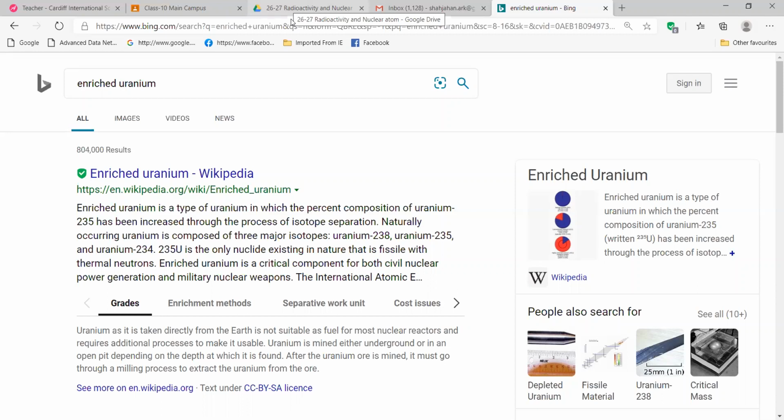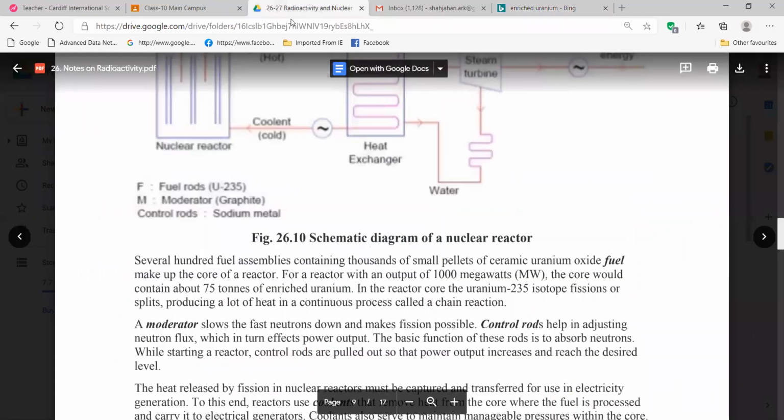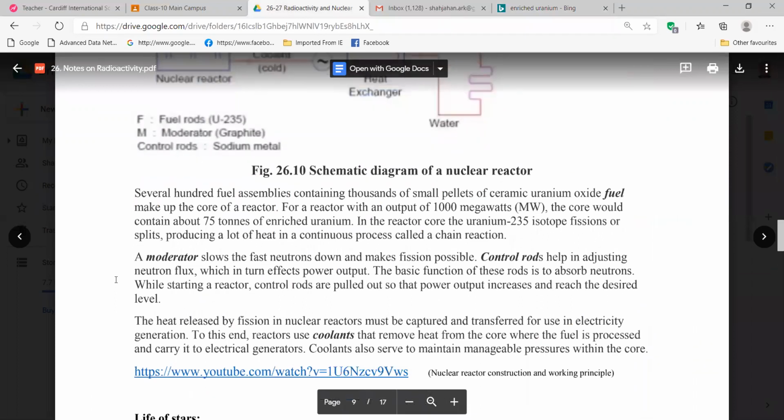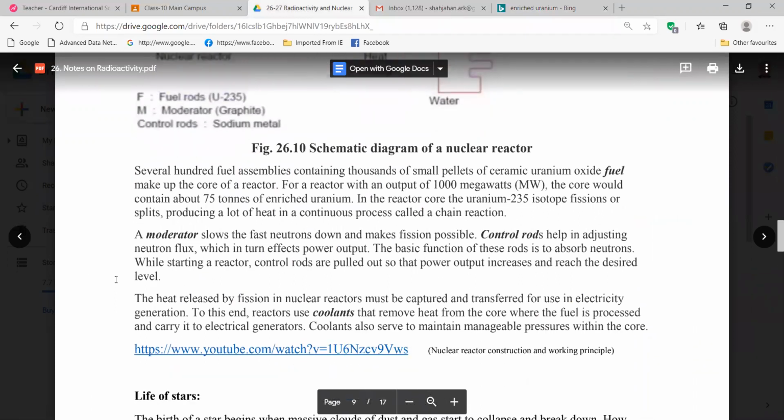That is called enriched uranium. Okay, clear? And sometimes in the newspaper we get this idea that Iran is enriching their uranium, and North Korea is enriching their uranium. Can you explain enriched uranium again?